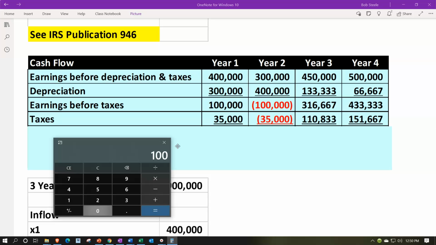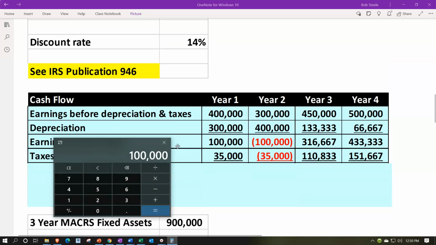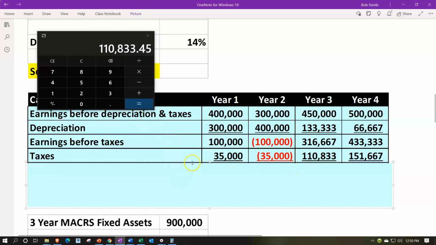So if we take that 100,000 times 0.35, we get the 35,000. If we take the negative 100,000 times 0.35, we get a $35,000 benefit from that. And then if we take the 316,667 times 0.35, we get the 110,833, and so on and so forth.